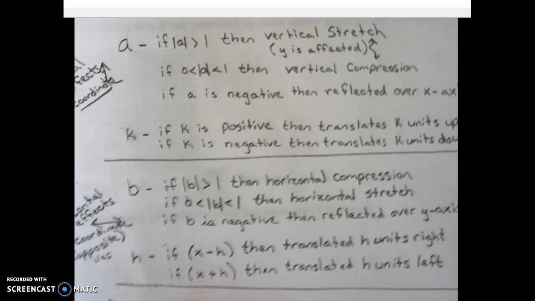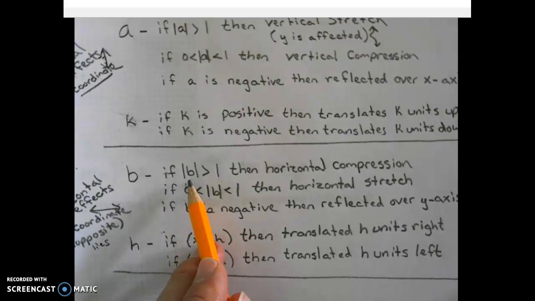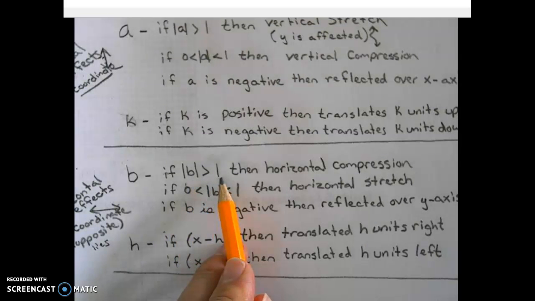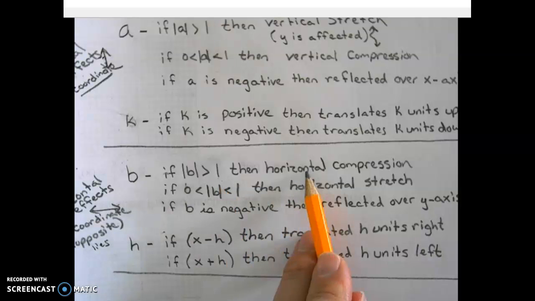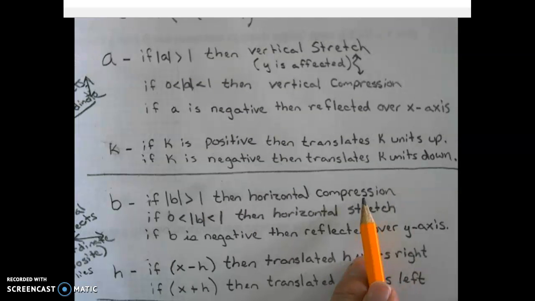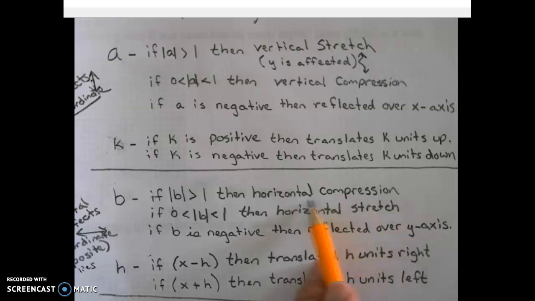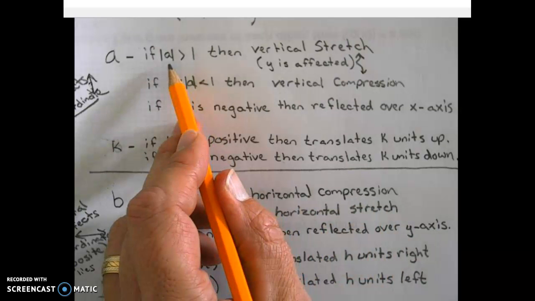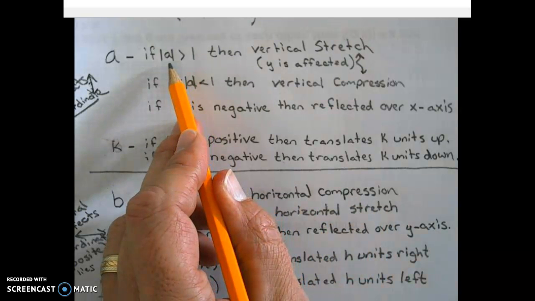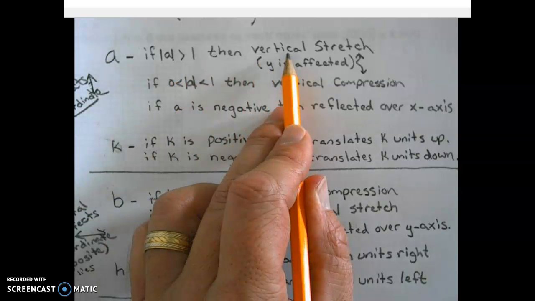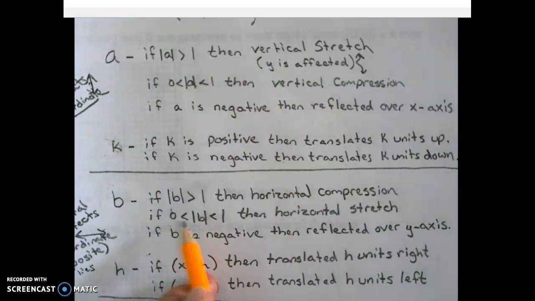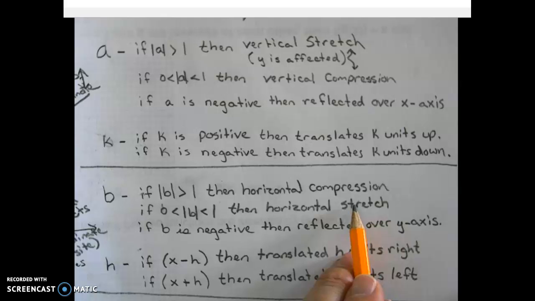So the b value, if the absolute value of b is greater than 1, then it's a horizontal compression. Notice how that is the opposite of the rule for a. If the absolute value of b is between 0 and 1, it's going to be a horizontal stretch.